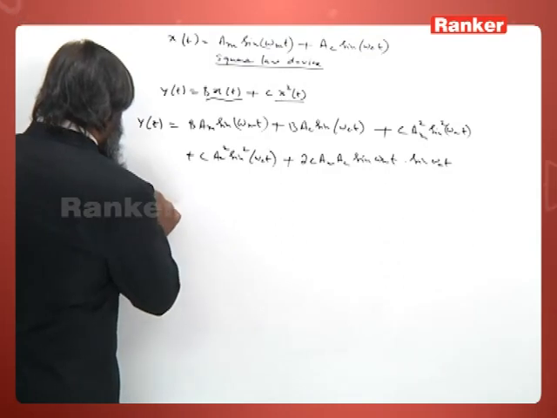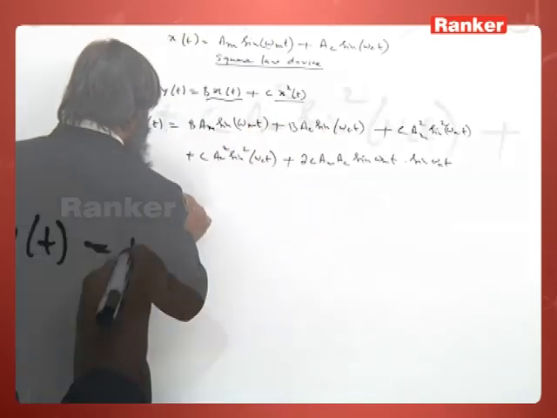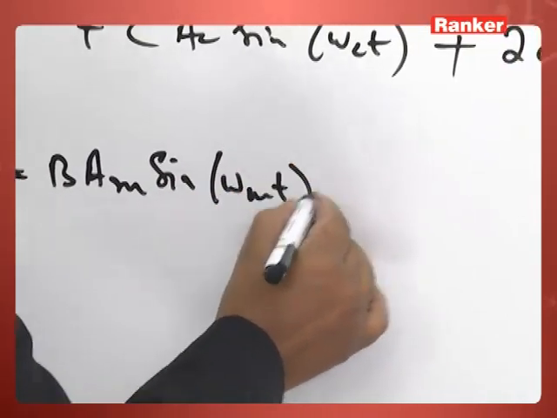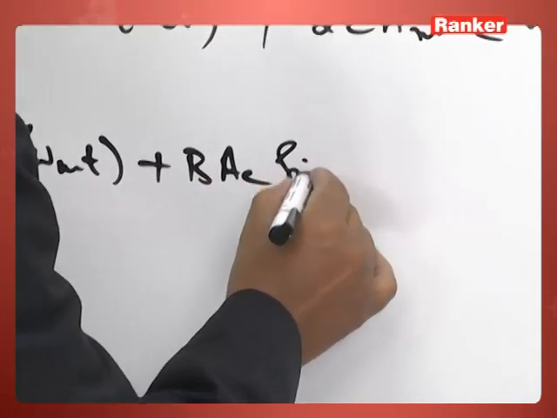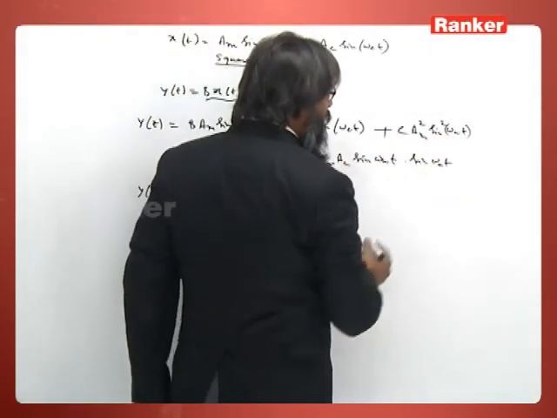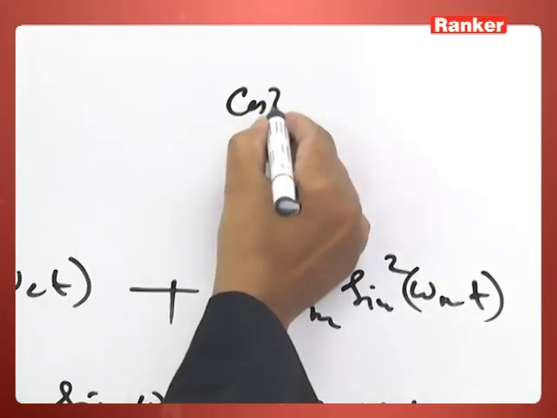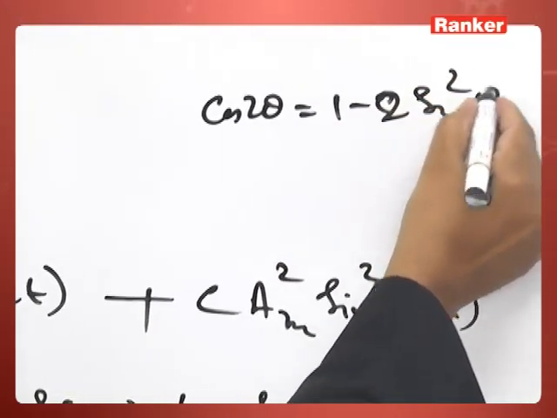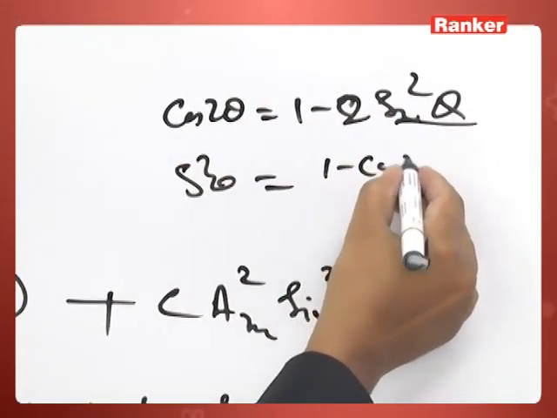So now y(t) is equal to, you see these two terms, b Am sin ωm t plus b Ac sin ωc t plus, now this is a sine square term. So we use the formula cos 2θ = 1 minus 2 sin squared θ. So sin squared θ we will write as (1 minus cos 2θ) by 2.